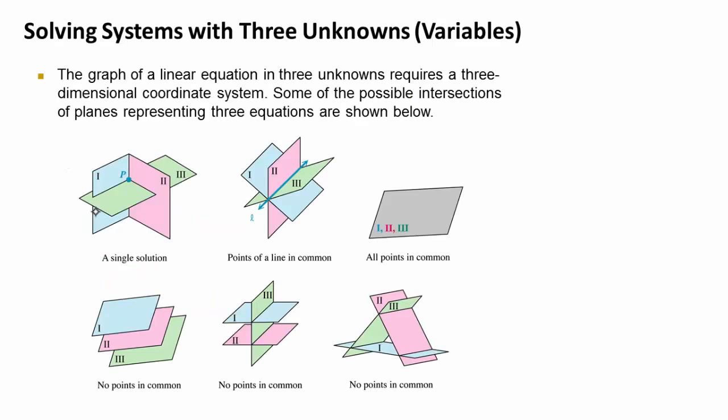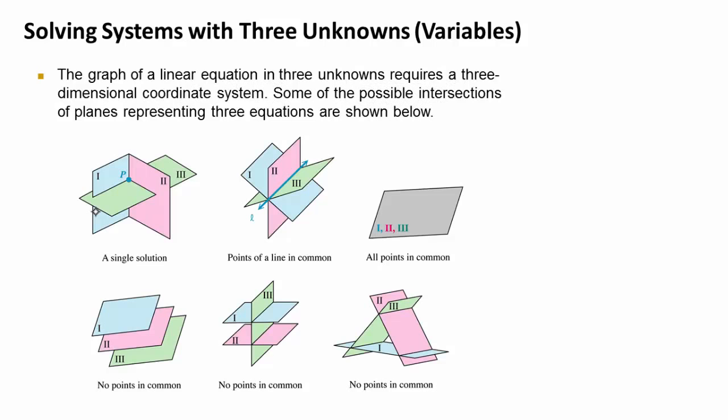Okay, now we are looking at solving systems with 3 variables. So how do we do that? Okay, here are just different situations where a solution would occur, or whether or not you're going to have the same solution, a solution exists or not. The graph of a linear equation in 3 unknowns requires a 3-dimensional coordinate system.